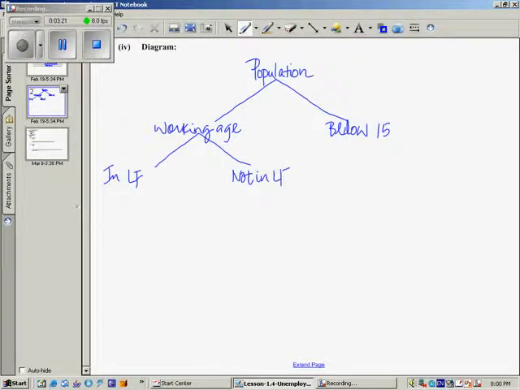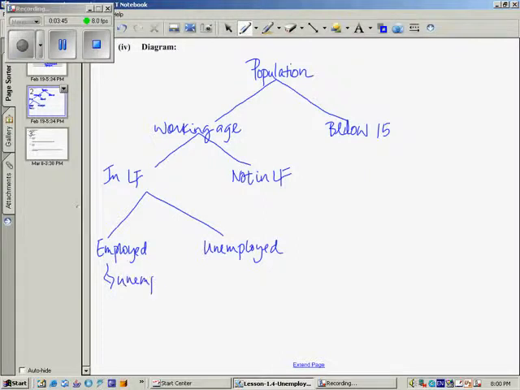Those who have retired or are in school full-time. And in the labor force, we said we can divide this into two groups. Those who are lucky enough to be working and those who are not working but actively looking for work. Now the question is, how should we measure unemployment?